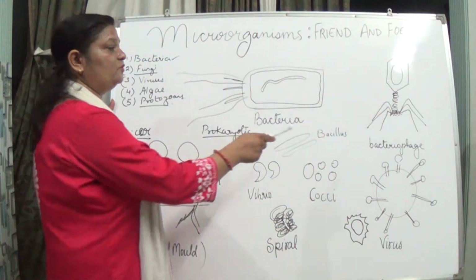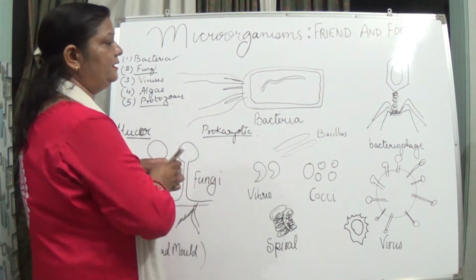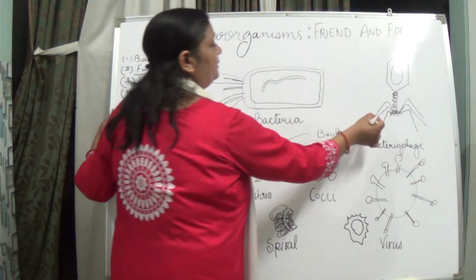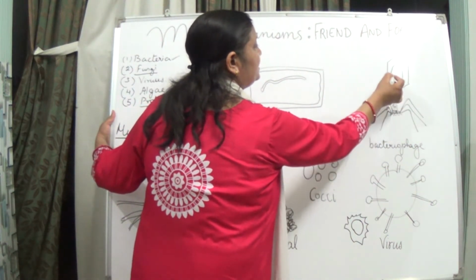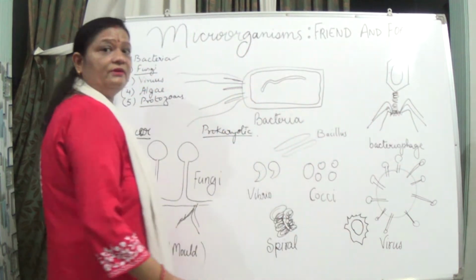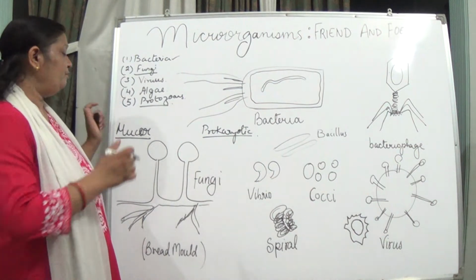Thereby we call it bacteriophage. You can see the tail of this bacteriophage, this spiral structure, and this part is the most infective stage of this bacteriophage.